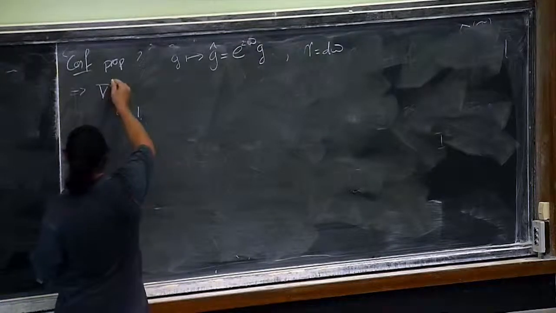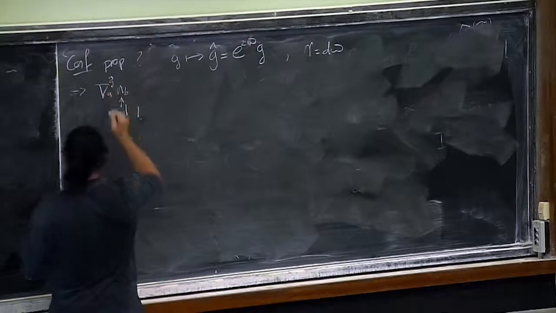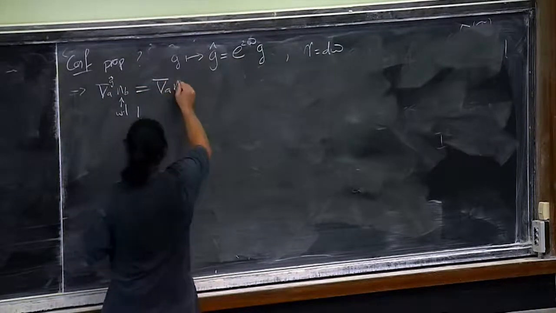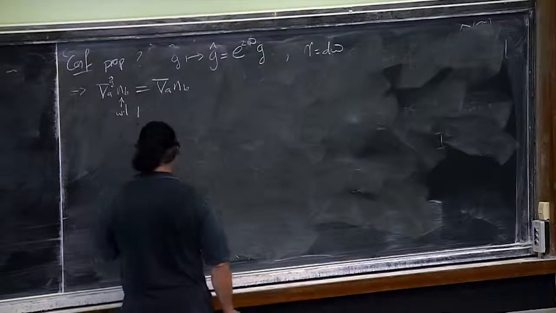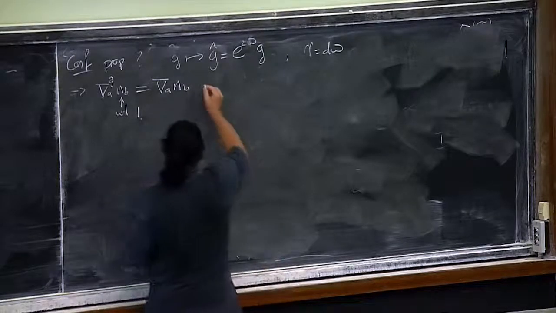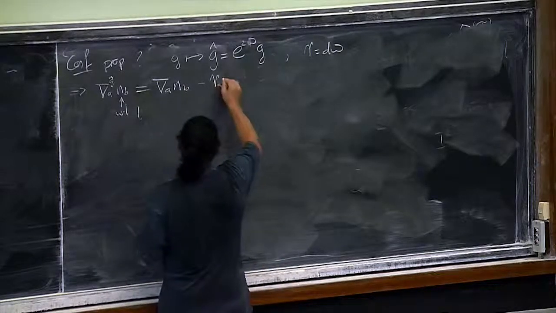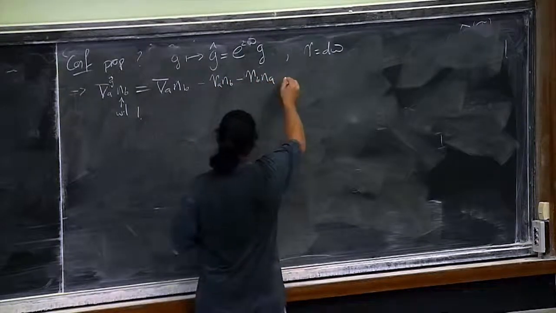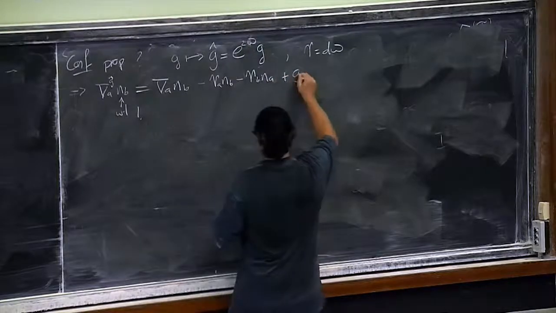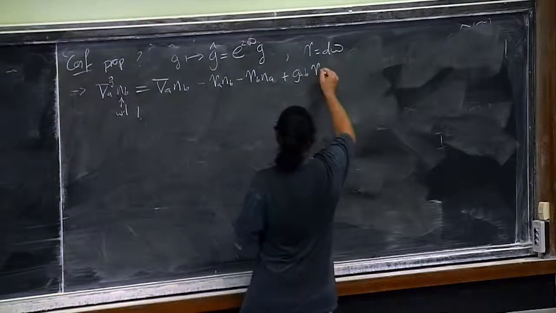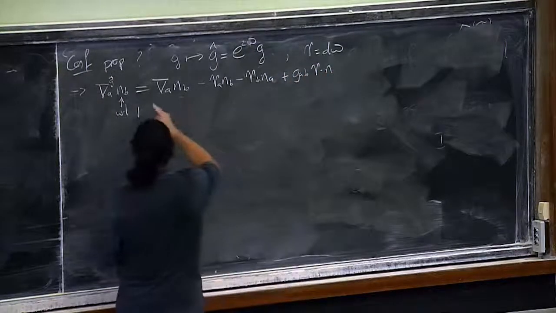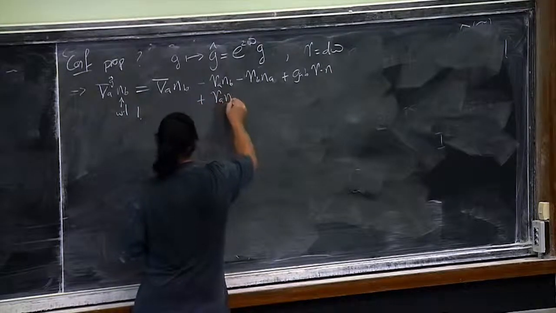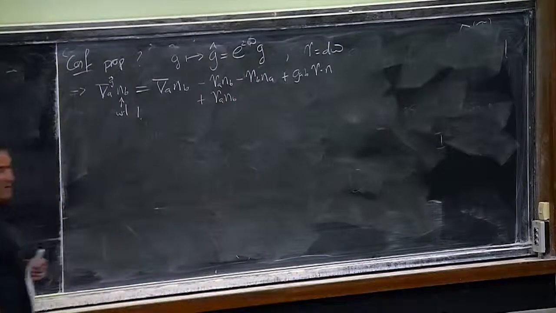And we look at this thing, and what we have is ∇_A n_B. I don't know if you remember the formula, but it had a minus ε_A n_B minus ε_B n_A plus g_{AB} ε·n. But also this has weight 1, so you end up with plus 1 more of these, to do with the fact that it's got conformal weight 1.